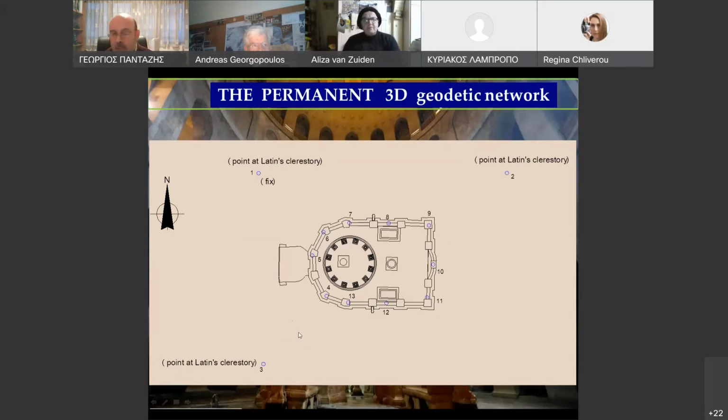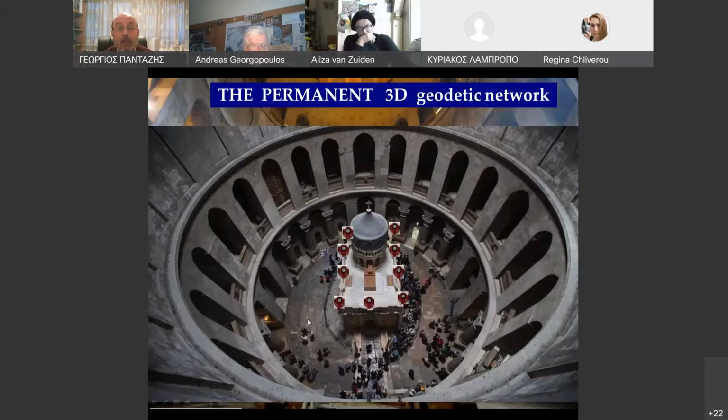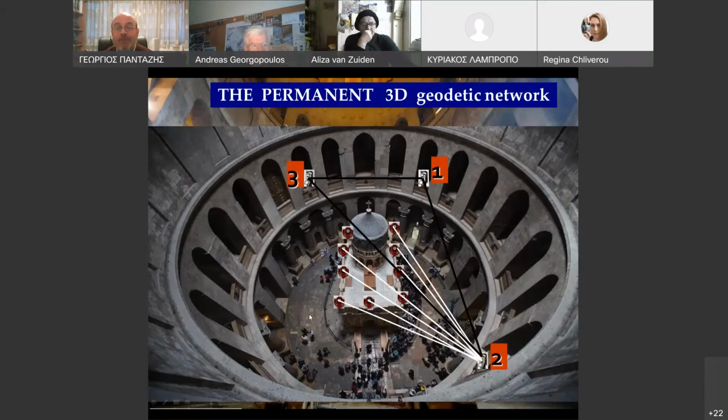Same rule. There is another photograph or figure about the positions of the points of the 3D geodetic network.